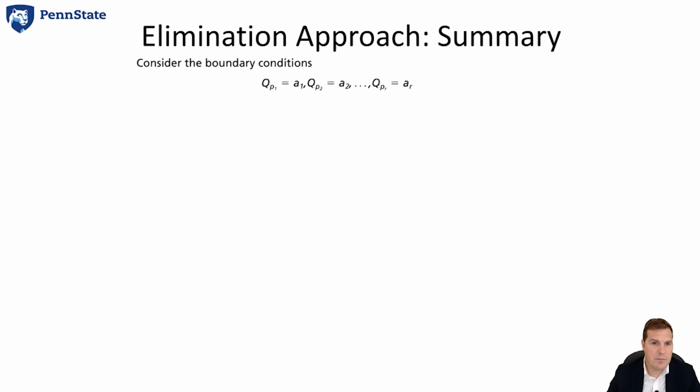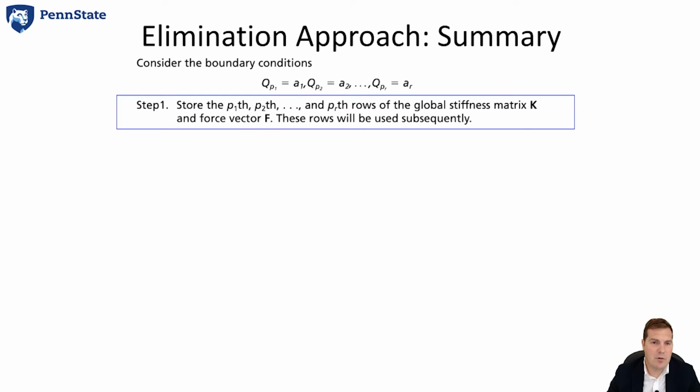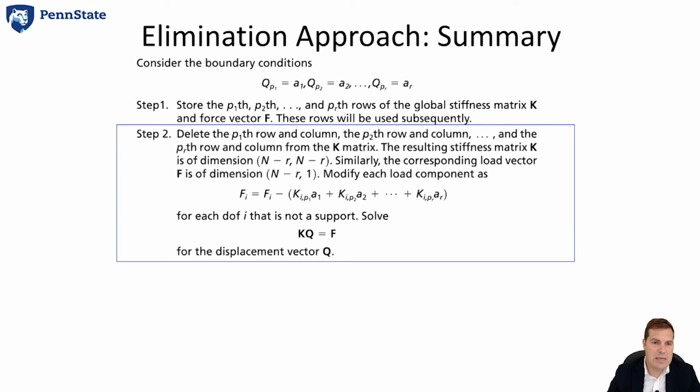So this is from the textbook, basically the algorithm. You consider the boundary conditions that go all the way to A sub r. You store those in the global stiffness matrix and the force vectors. Okay, you delete those rows and columns from the K matrix.